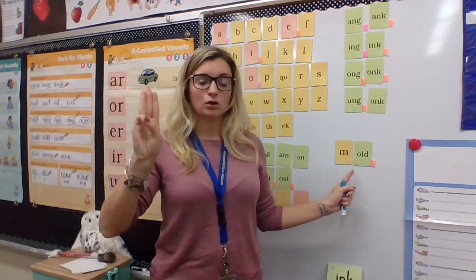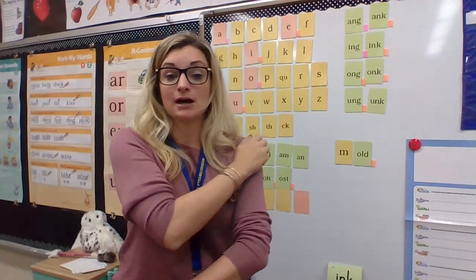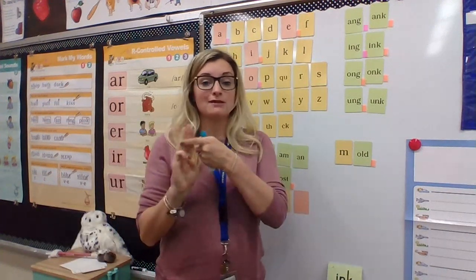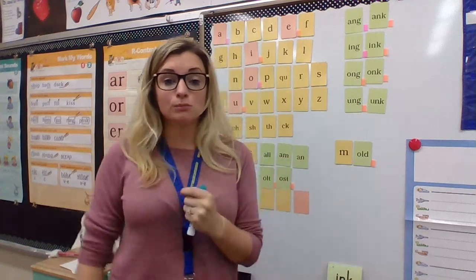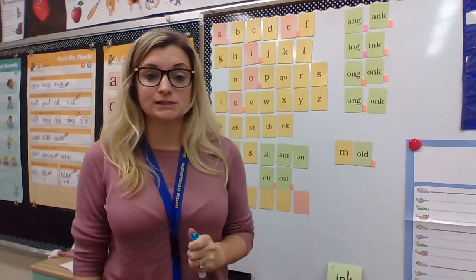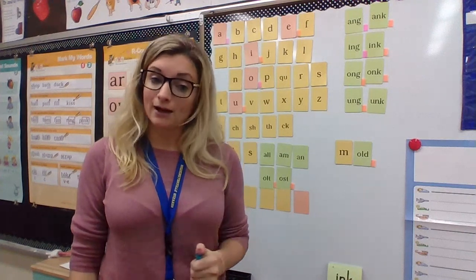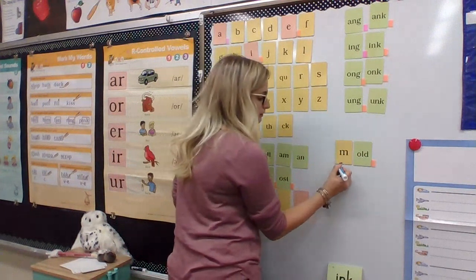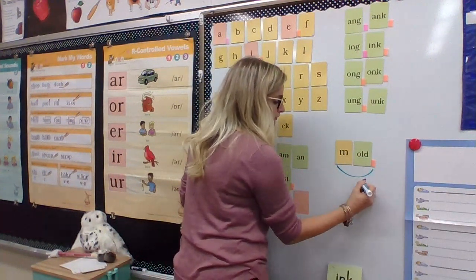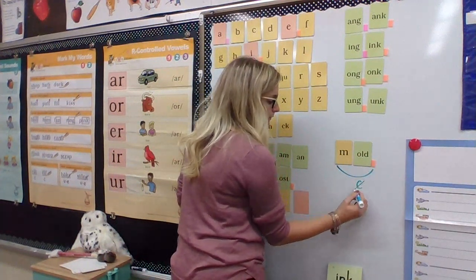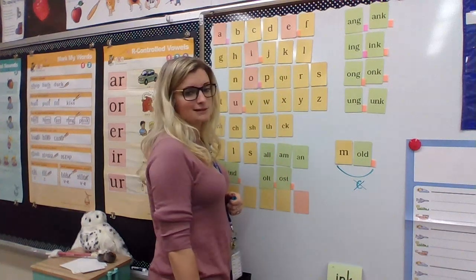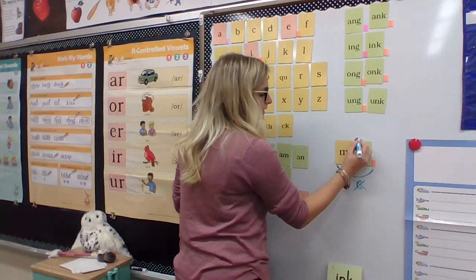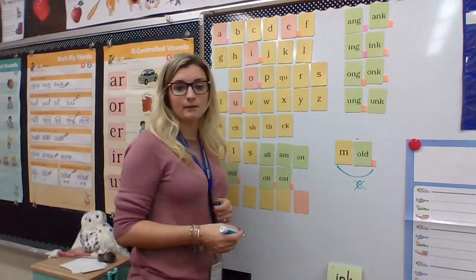O. Note that O says its name, right? So it makes a long sound. So it does not follow those 3 rules, which means it's a rule breaker, which means it's a closed syllable exception. So now I need to make sure that I mark it. So when I mark, I'm going to scoop it, put a C, put my X through that C because it is not a closed syllable. And then we put our macron, which is a straight line right above the vowel.